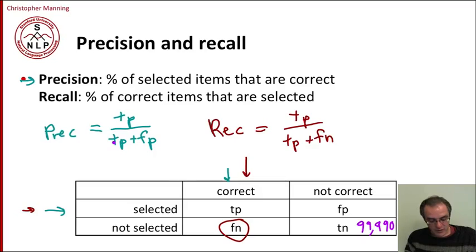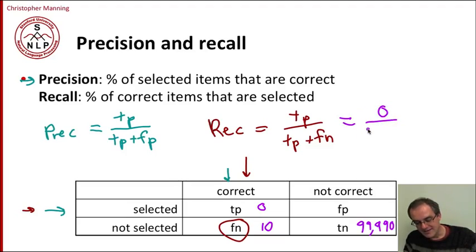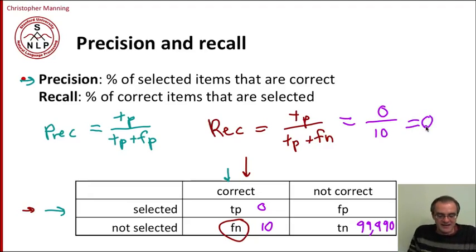And so in our previous case where there are 10 tokens here and 0 tokens here, since our classifier said every word wasn't a shoe brand, we'd find that the recall of that system is 0. It's finding none of what we wanted to find, and basically we can say a system with 0 recall isn't interesting.